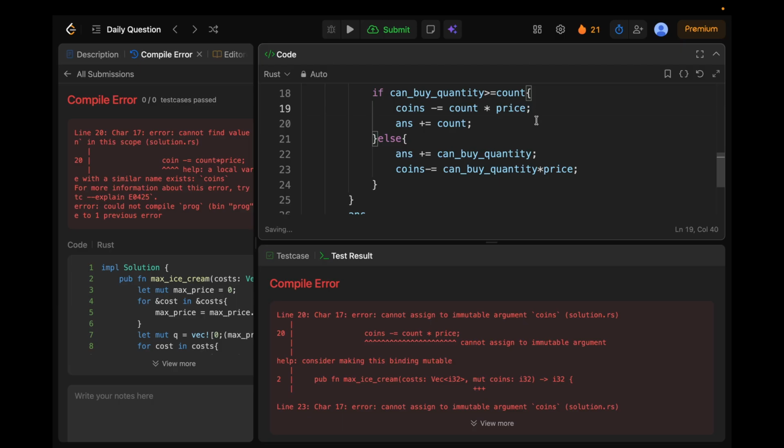Coins is equal to count multiplied by price, and my answer is equal to answer plus count.